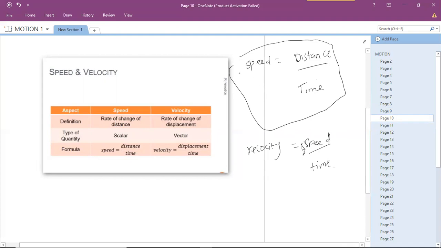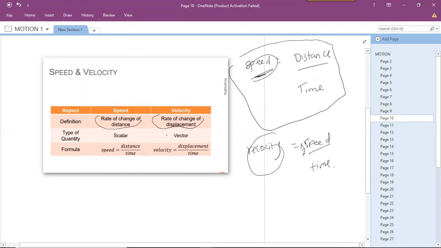But later on, when we look at the speed-time graph, you're going to discover that for motion in a straight line, there is not necessarily that much difference between speed and velocity, because they'll be talking about the same thing. By definition, they are saying rate of change of distance for speed, and for velocity, rate of change of displacement.